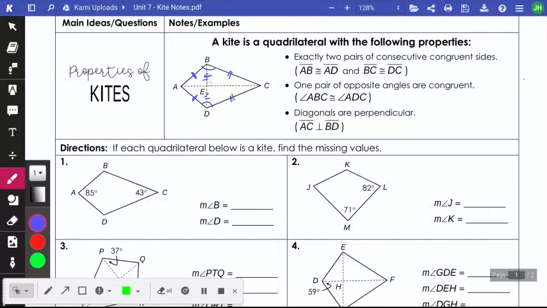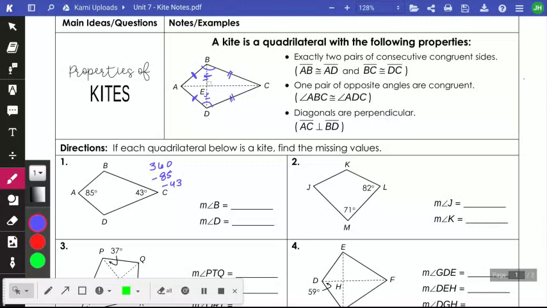All right, so if each quadrilateral below is a kite, we're going to find the missing values. On this first one, we have the kite, and we have the angle that's 85 and the angle that's 43. Well, all the angles in a quadrilateral add to 360. We learned that at the beginning of the unit. We've used up 85 and we've used up 43.